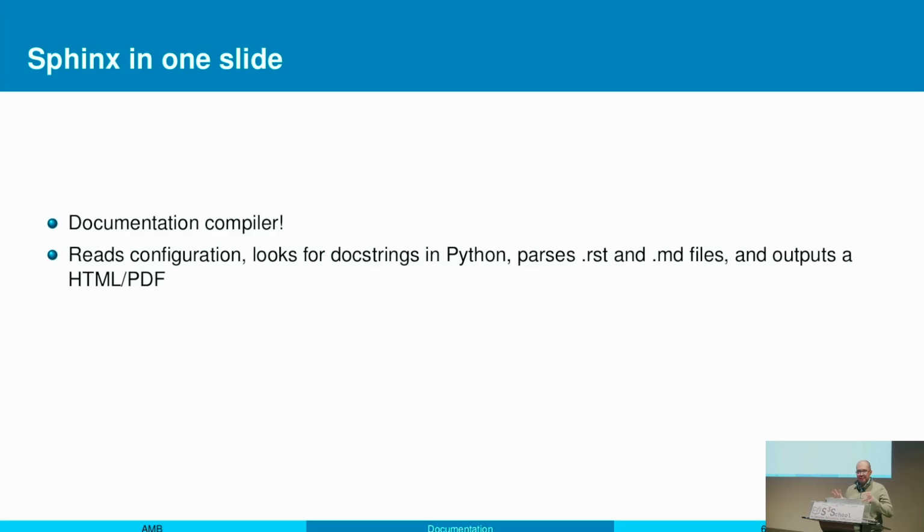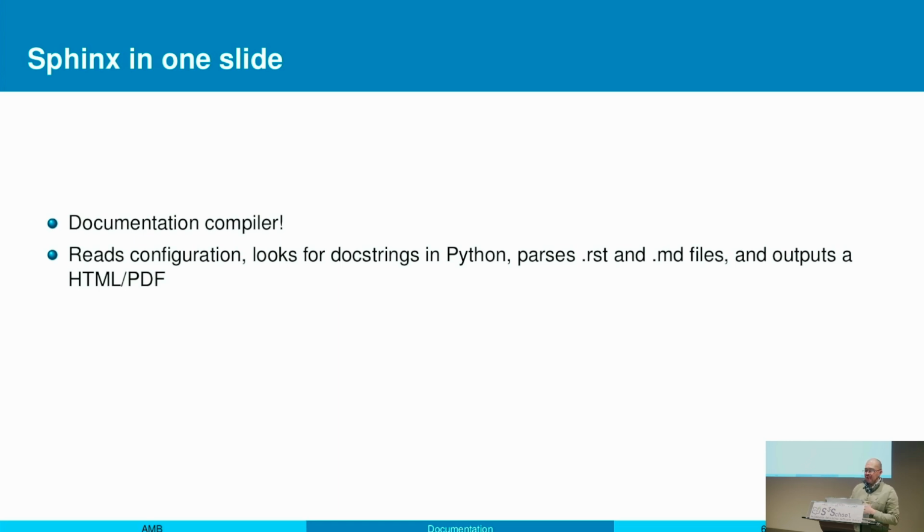It looks for the docstrings in Python. That's why it is important to write good docstrings in Python. Sometimes you find that some functions don't have a docstring. It is important to explain what the function does and show, for instance, an example.